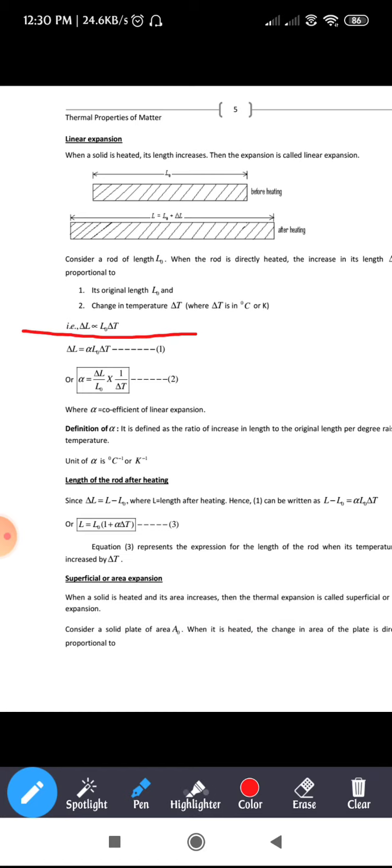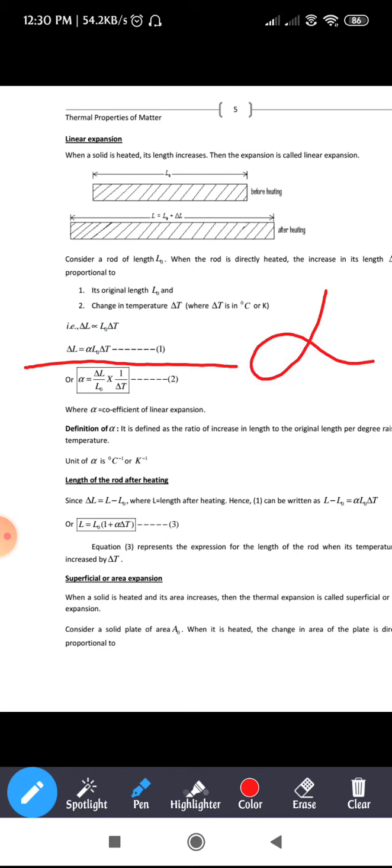Since this is written in terms of proportionality, in order to write it as an equation we introduce a constant, which we call alpha. Hence delta L is equal to alpha L naught delta T. Take that as equation 1.